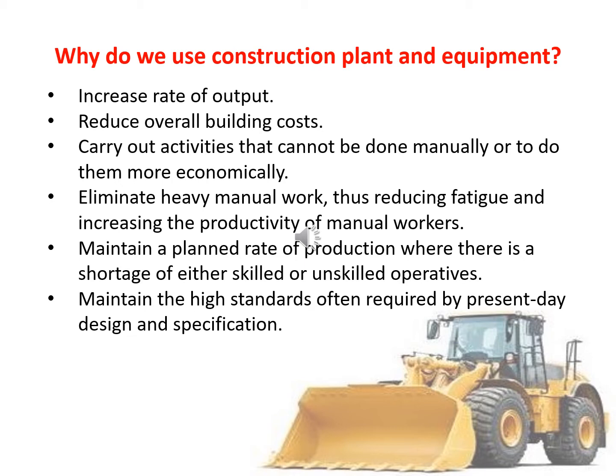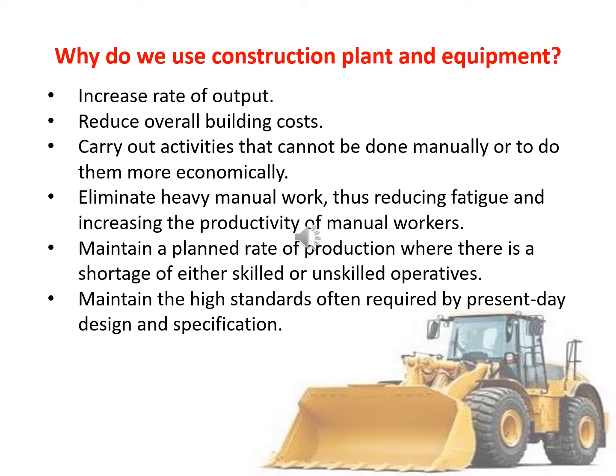Why do we use construction plant and equipment? These are the reasons why we use construction plant and equipment in the construction works. It increases rate of output. It reduces overall building costs. It carries out activities that cannot be done manually or to do them more economically.